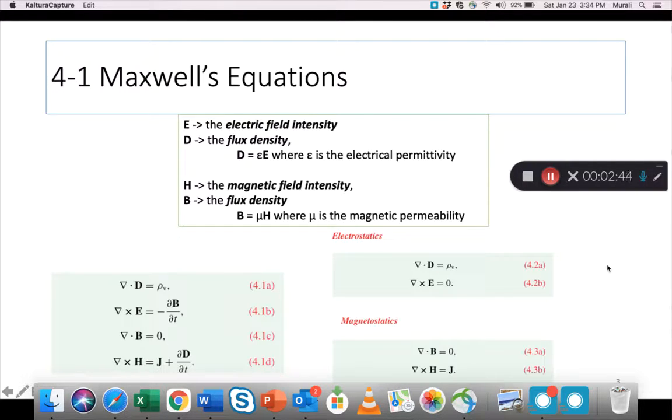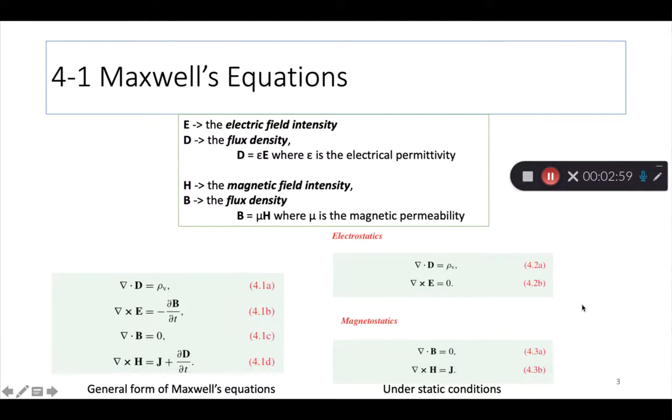Particularly the fact that ∂/∂t, right? Any of these vectors, E, D, H, B, if they are not changing with respect to time, in other words they are static, they are not moving or not changing, then we call them static, and then we have 2 fields of study, electrostatics and magnetostatics.